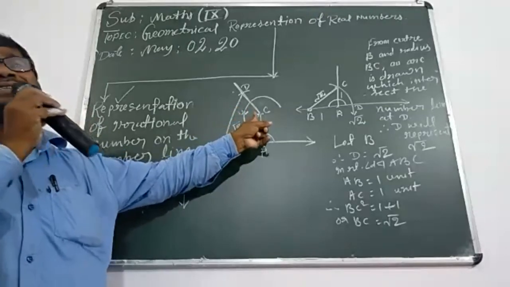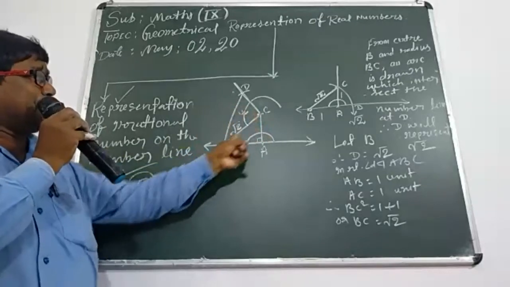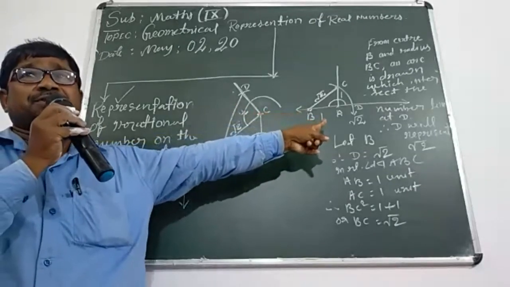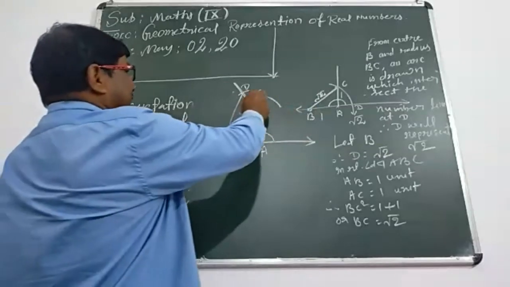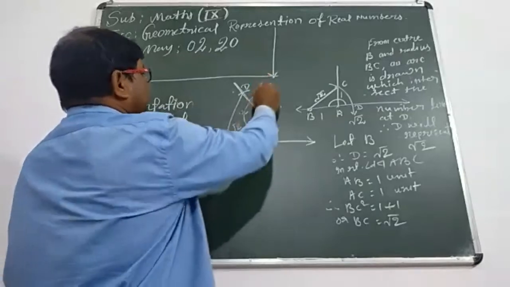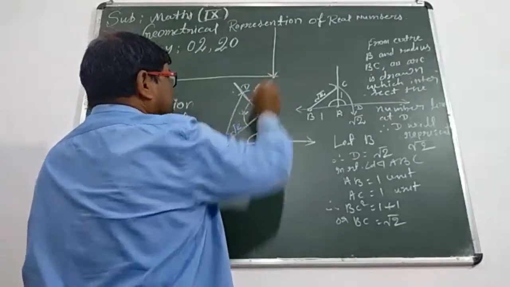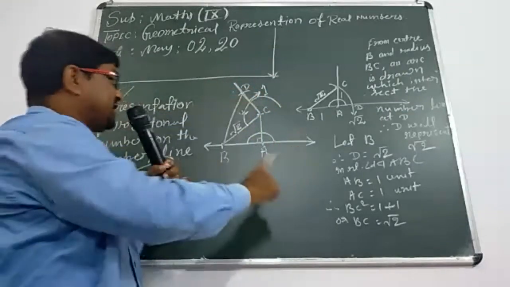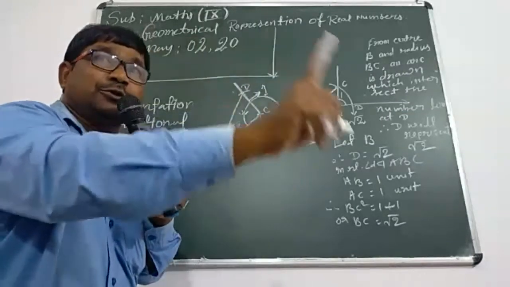The measurement of your base is under root 2 according to your previous concept, and the length of this side taken by you is 1 unit. So this is 1 unit, and this side is under root 2 unit.